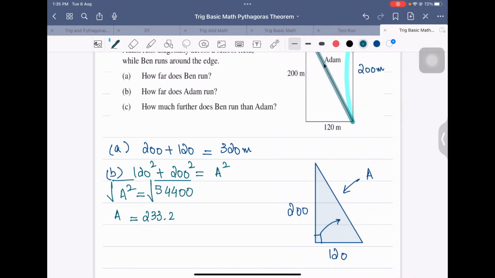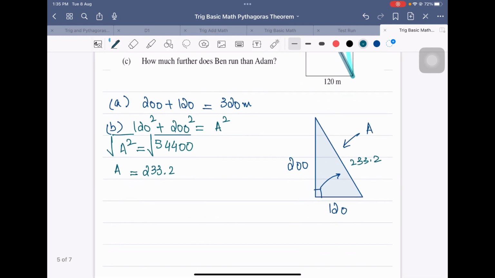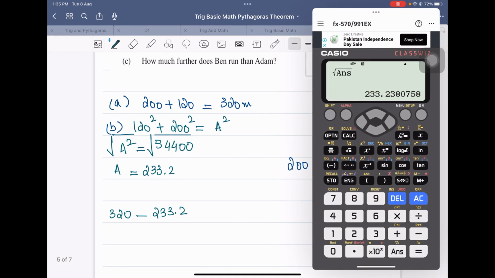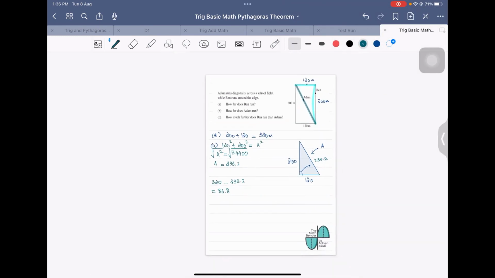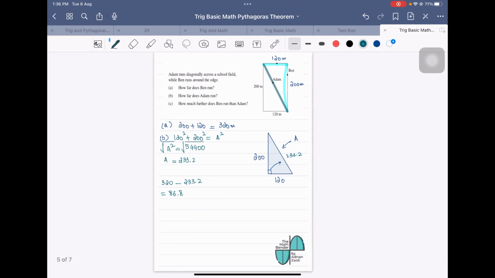So this is the distance Adam had taken, 233.2. How much further does Ben run than Adam? So it's obviously the distance that Ben had taken was 320, and if I subtract 233.2 it gives me the difference. So 320 minus 233.2 gives you 86.8, which is the distance Ben had run more.